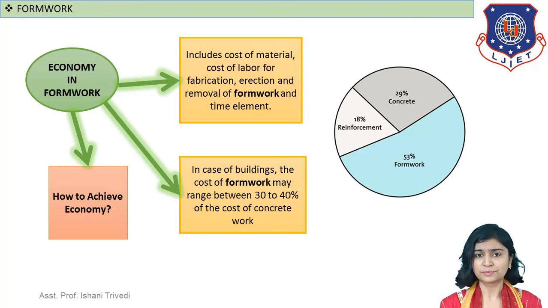If there are beams which have different dimensions, you can fabricate it and at least use the box for construction of a different type of beam member. So as much as possible, you should design the formwork such that the cost is minimum, or let us say it proves to be economical.